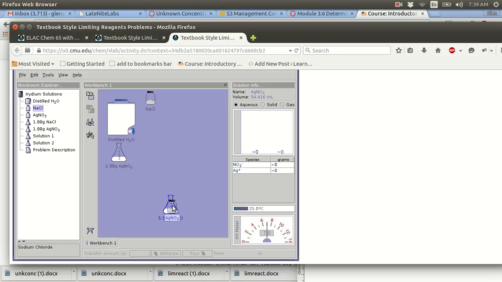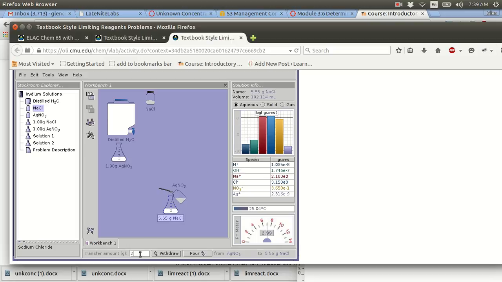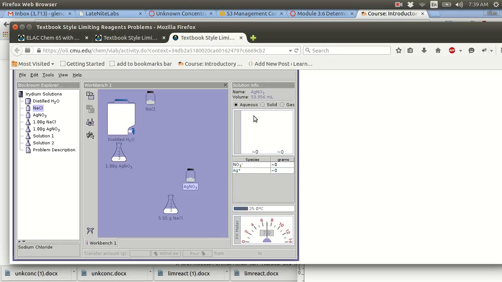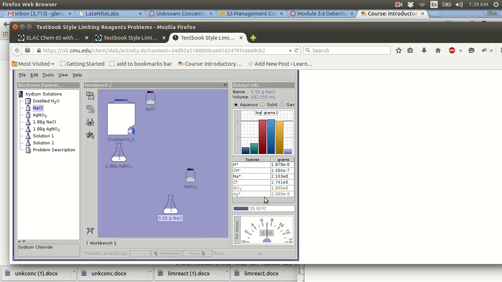Oops. What if I add 2 more grams? Click on the flask. I still have 0 grams of silver ions in here, and now I have 2.5 grams of silver chloride in here. Okay?